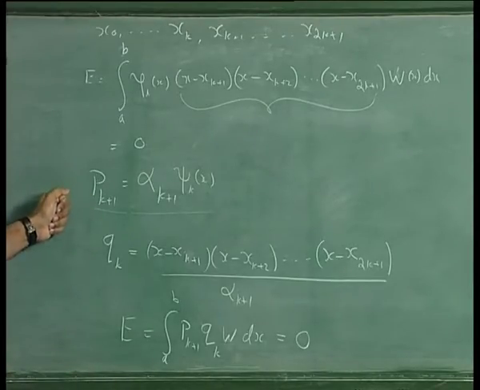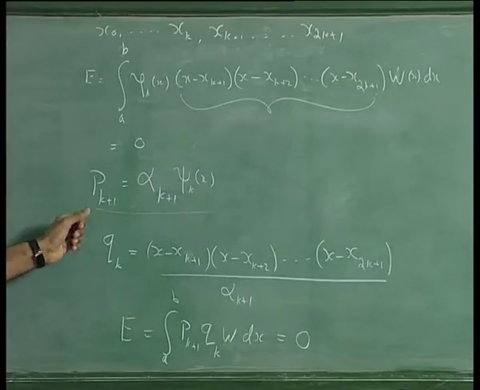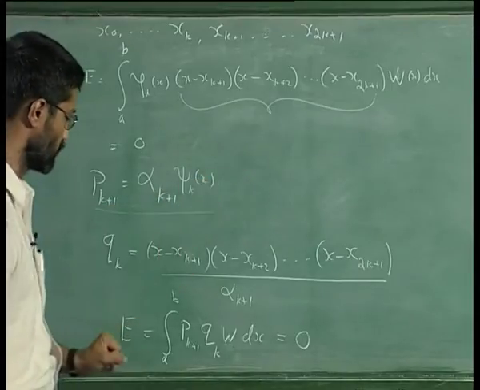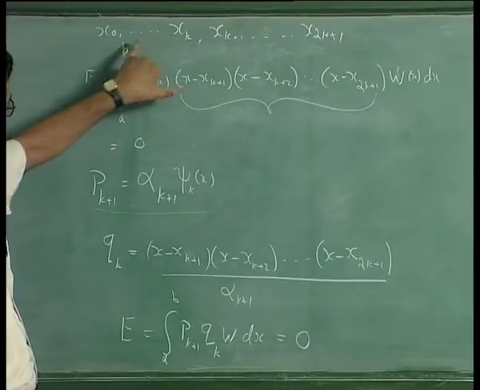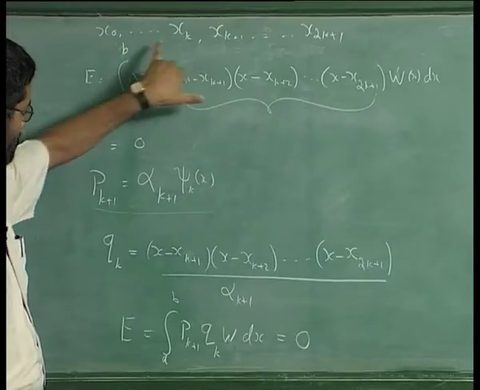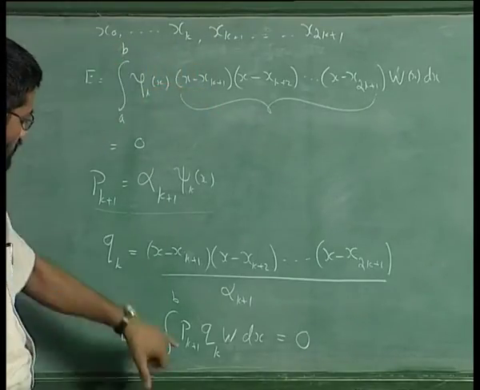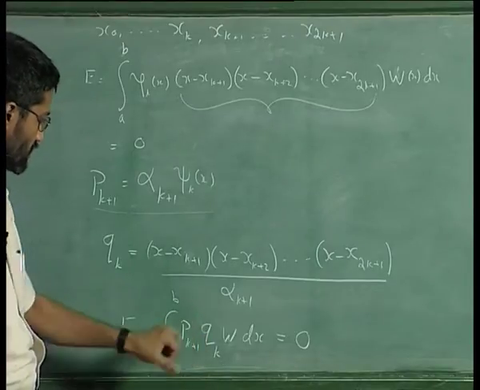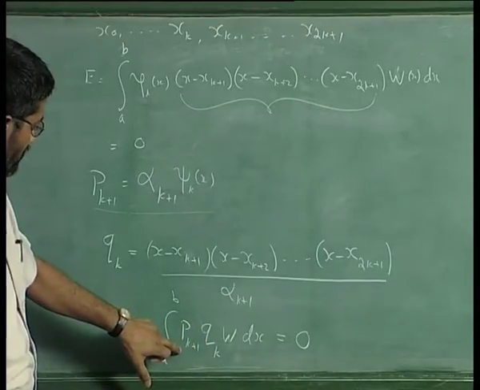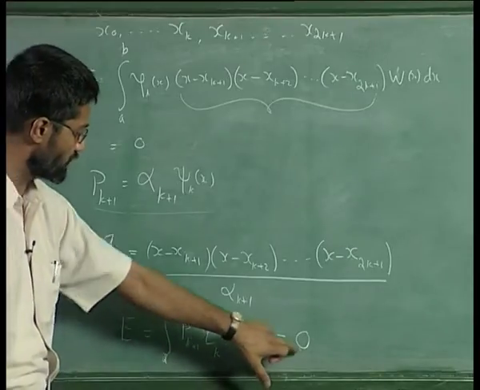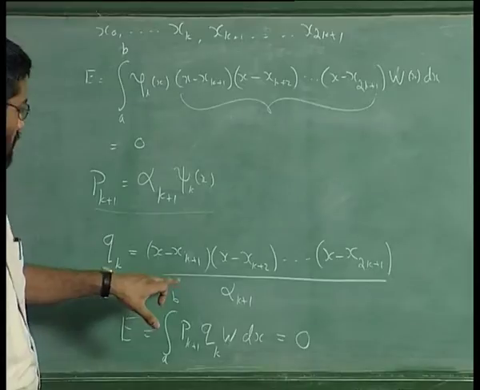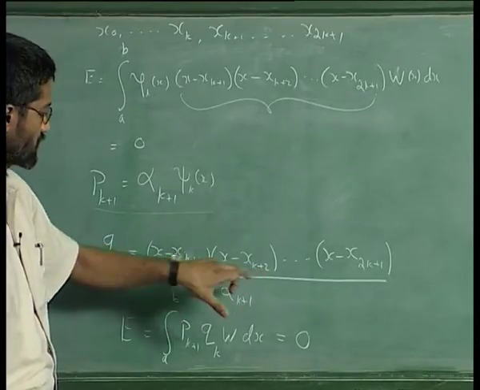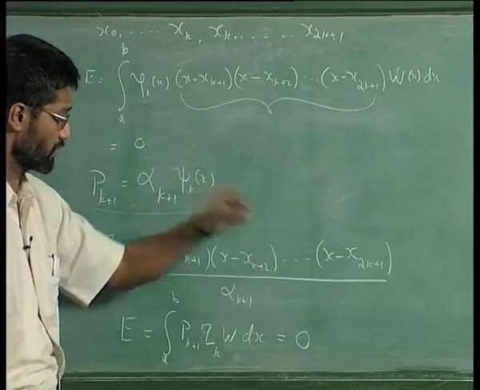One is that we have the orthogonality property of the polynomials, which is what we are making use of here, and we are saying that we are tabulating x0 to xk. We choose these as the zeros of this polynomial, that is by construction, and then this relation is always satisfied for arbitrary values of xk plus 1 up to 2k plus 1.